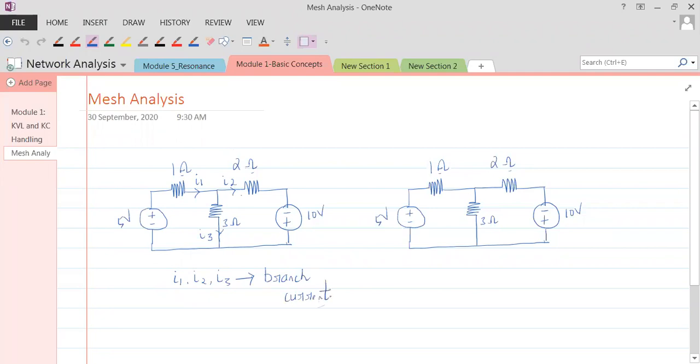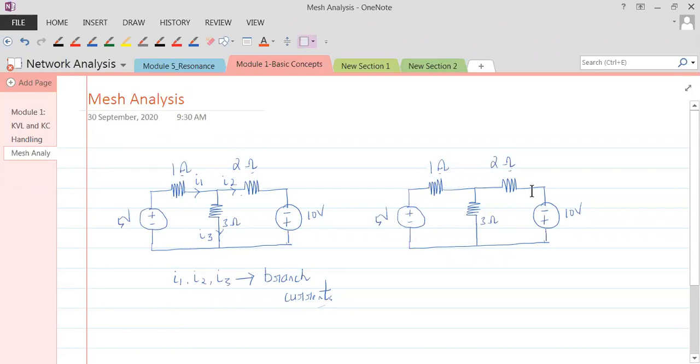They're called branch currents. Now in mesh analysis, we need to be thinking of the mesh currents. Understand that? So here, see here, how many meshes you have got, we need to understand first in mesh analysis. See, this is one loop.